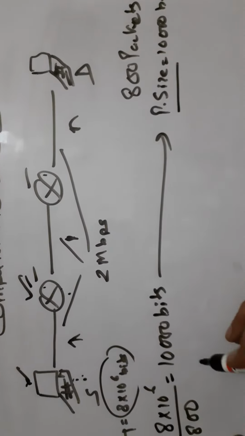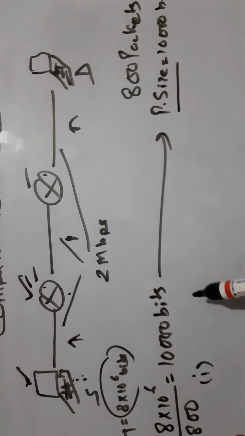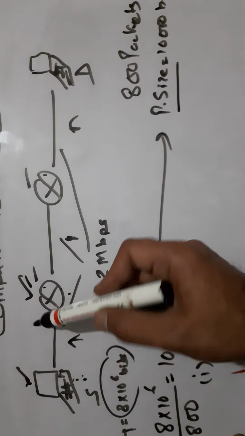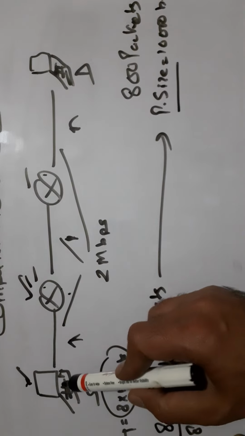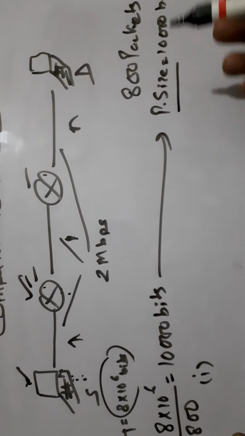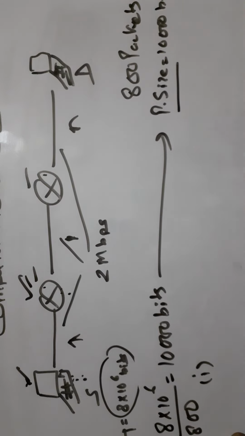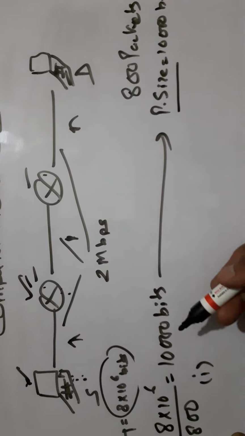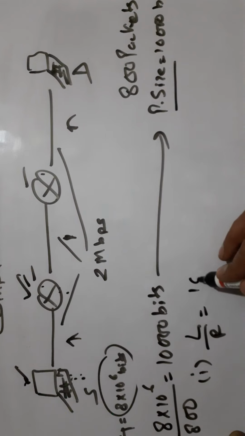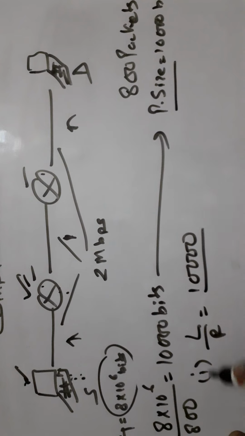Now, how much time is required to send the first packet from the source to the first packet switch? All the other delays are ignored, as mentioned in the question. So the only delay left is transmission delay, which is L by R. So here L is 10,000 and R would be 2 into 10 to the power 6.